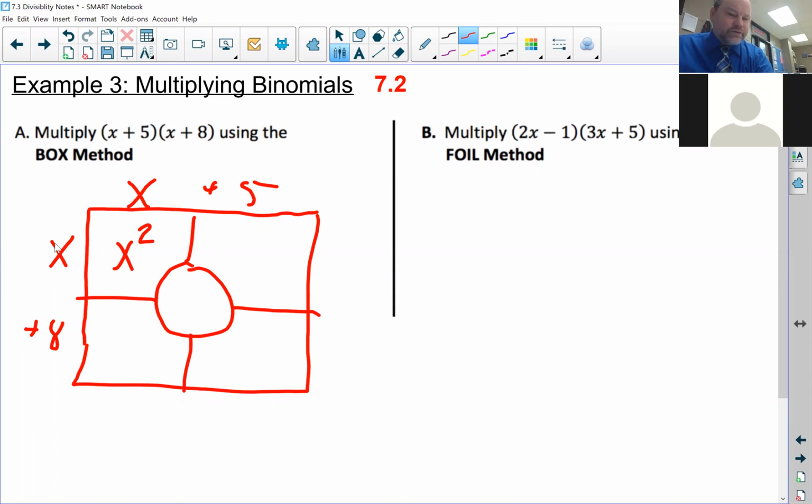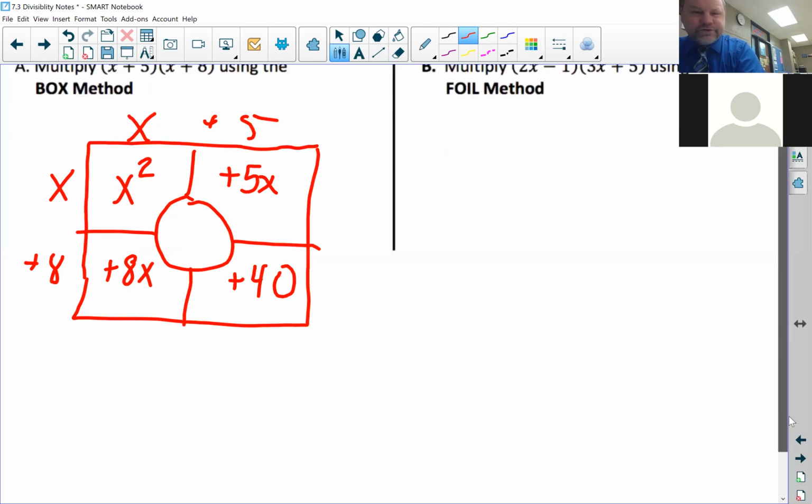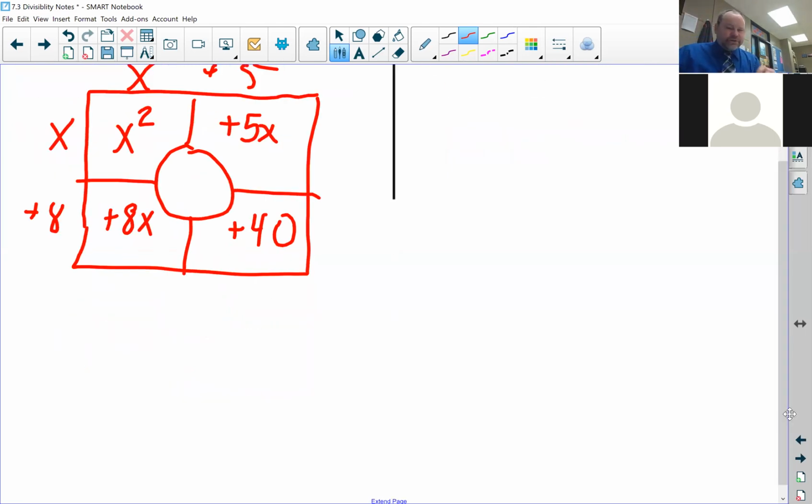Over to this box, we take x times a positive 5. To the box in the lower left, we take positive 8 times x. And the lower right, positive 8 times positive 5. The only thing we would have left to do is combine our like terms.